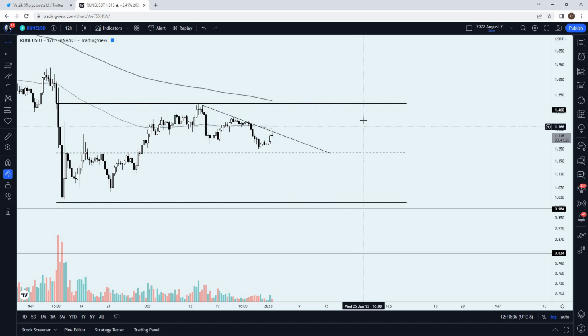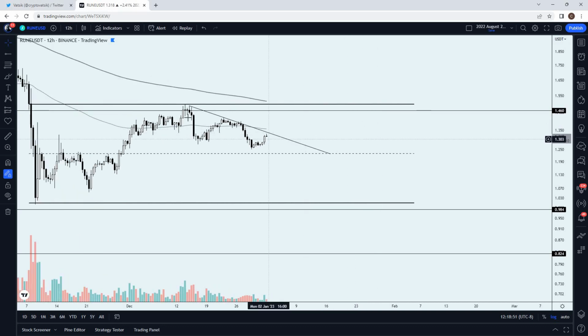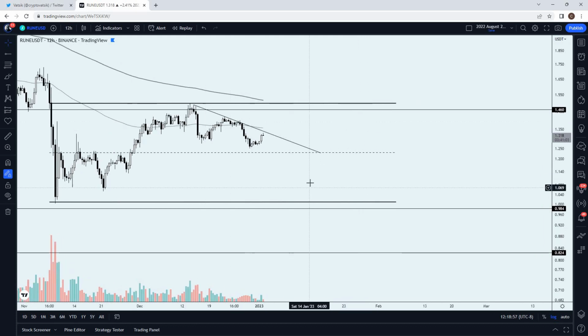So for me, I come at it from the assumption that the trend is down. So it's probable that the trend will continue down until we're invalidated. And so what I would do is look for a signal or confirmation that the downtrend is invalidated.